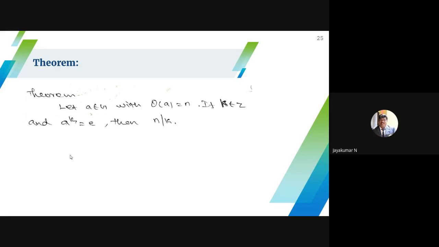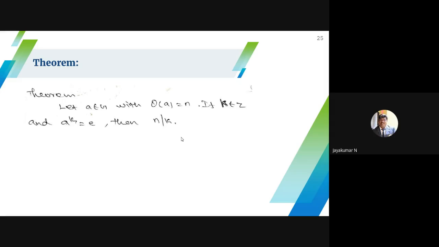This is an important theorem for 4 marks. Let A belong to G with order of A equal to n. If K belongs to Z and A power K equal to E, then n divides K. I will explain in words. Suppose you choose any element A in G, and the order of A is n.